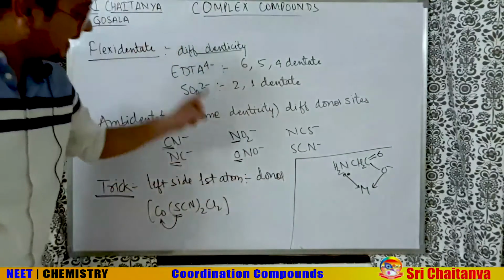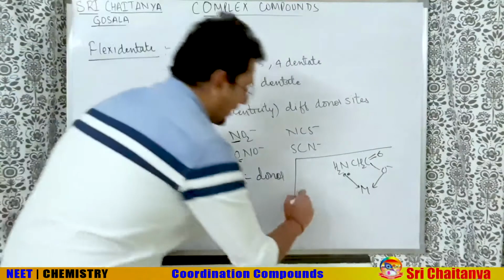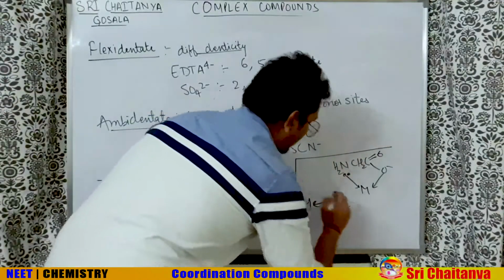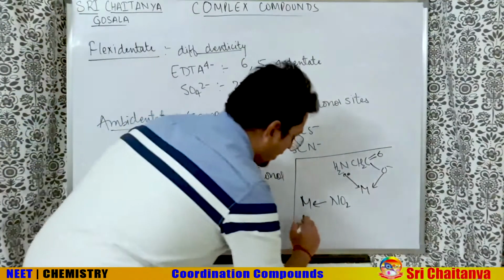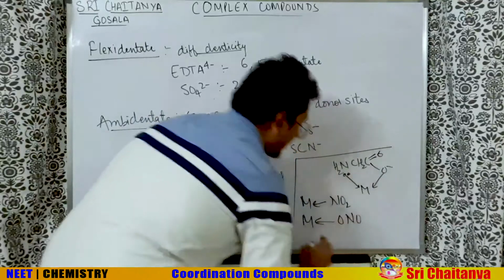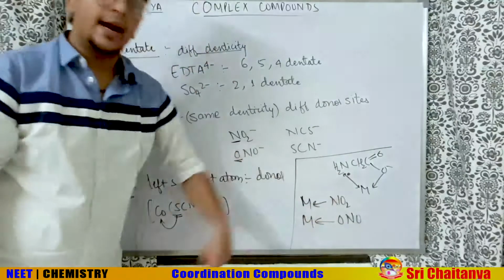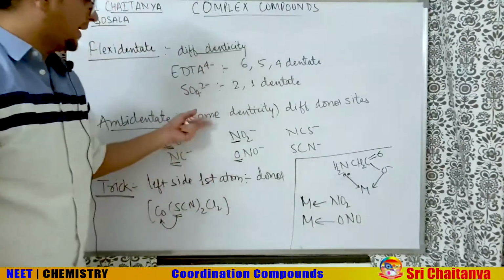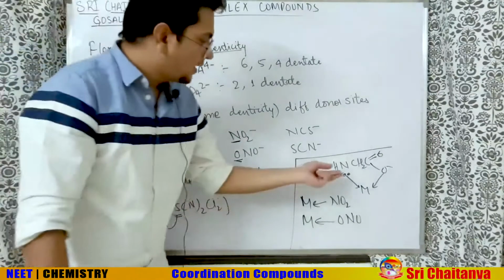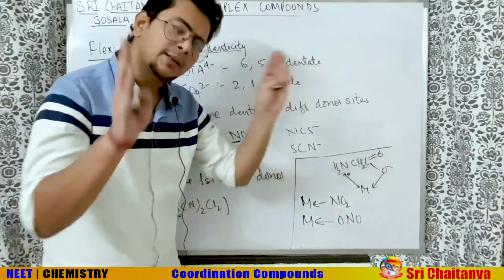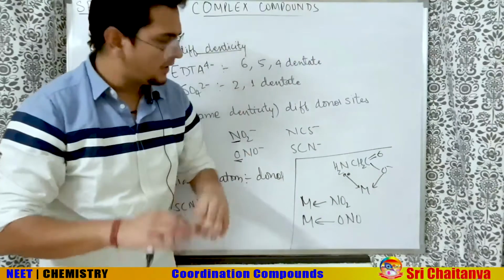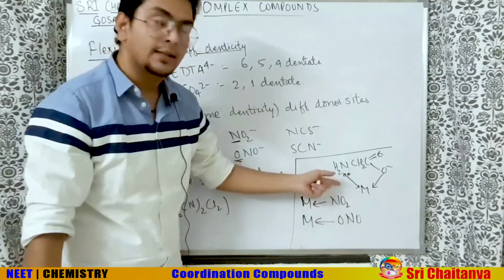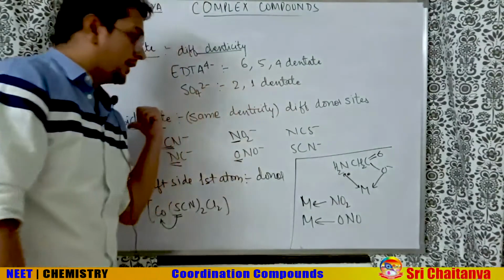But in NO2-, either nitrogen will form the bond, or oxygen will form. So at a time only 1 donor atom is used, then we call it ambidentate. But in case there are 2 different donor atoms and both are forming the bond simultaneously, in that case we cannot call it an ambidentate ligand.